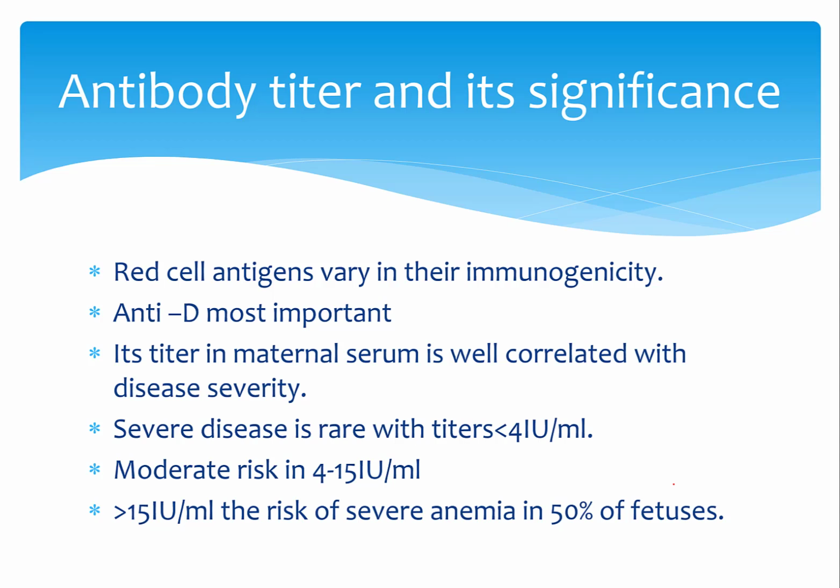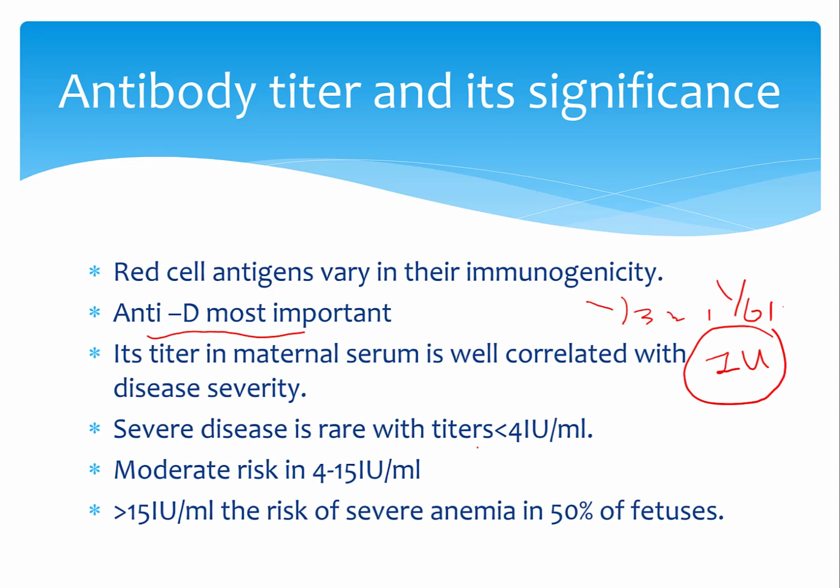If a mother has raised antibodies against the Rh system, of which, as we discussed earlier, anti-D is the most important, its titer is measured. Generally, this titer is expressed as a number like 1 in 32 or 1 in 64, or you can express it in international units, which is the modern way.